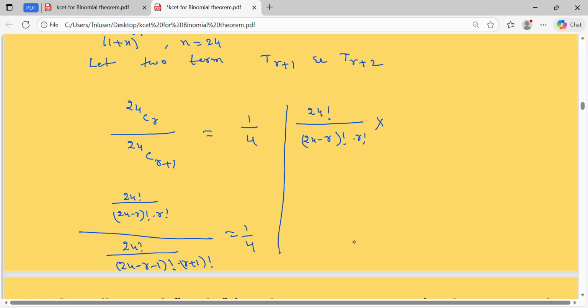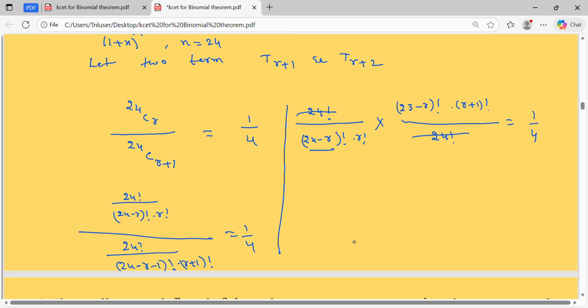Write in the reciprocal form: 24 minus 1 means 23 minus r factorial into r plus 1 factorial divided by 24 factorial. This cancels, equal to 1/4.